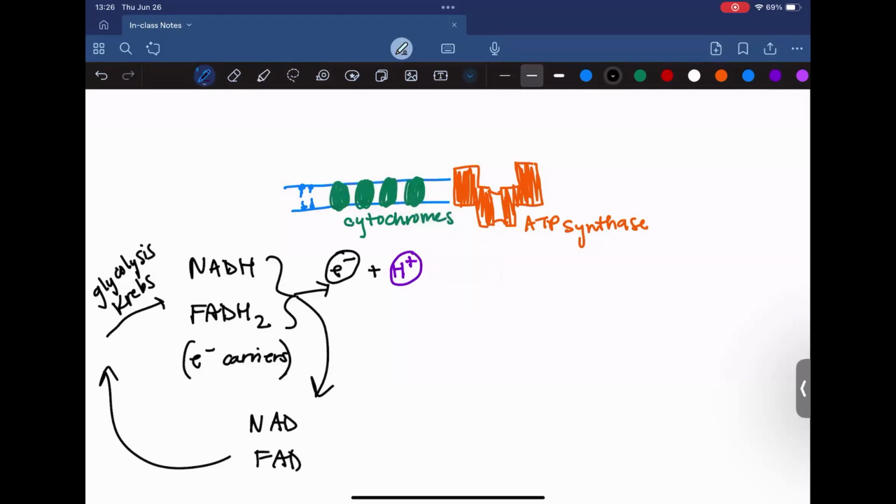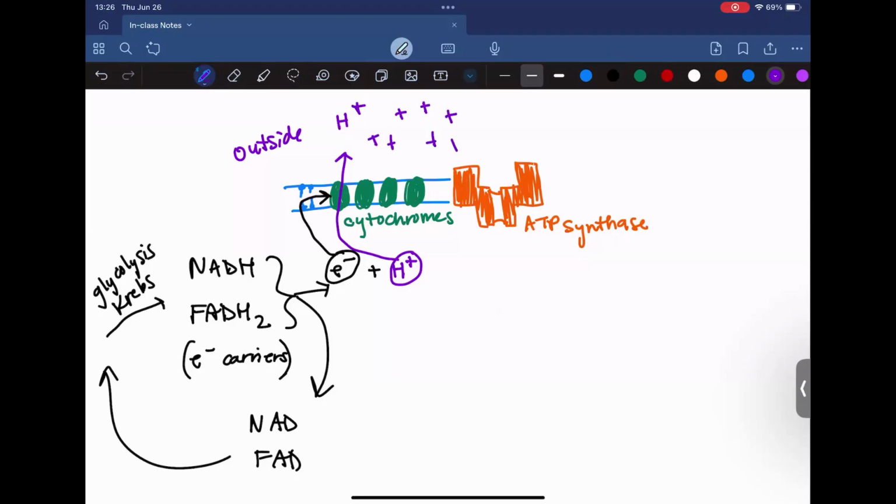So what happens is the electrons will excite these cytochromes. And when the electrons having a negative charge interact with the cytochromes, this causes the positively charged hydrogens to move out, and they'll collect on the outside of the membrane. I'm going to put a bunch of pluses out here so you know that they're out here.